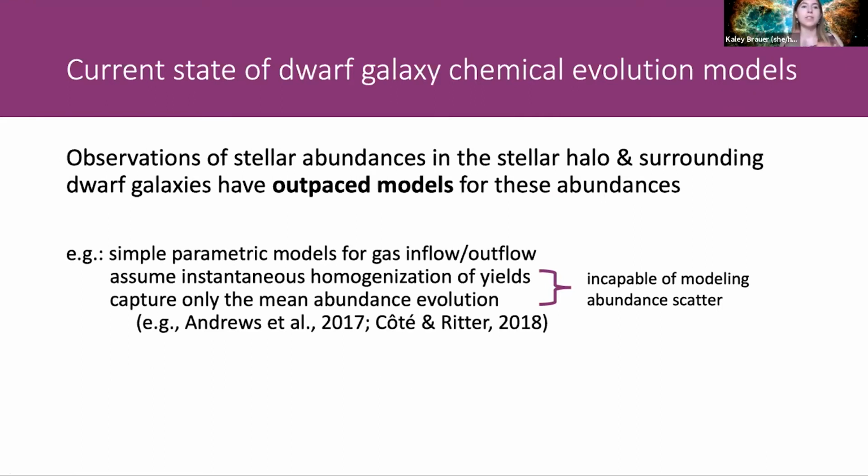For example, a lot of these models have simple parametric models for the inflow and outflow of the gas, or assume instantaneous homogenization of yields and capture only the mean abundance evolution. That's just some of the current state-of-the-art galaxy chemical evolution models. In particular, these latter two points mean that these models are largely incapable of modeling the abundance scatter that we are observing in stars these days.